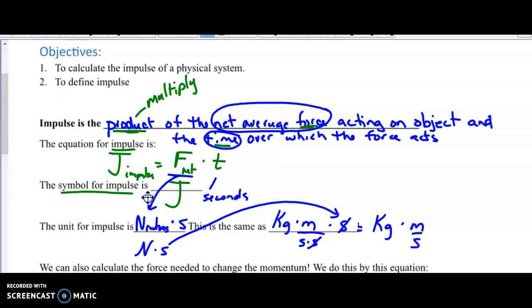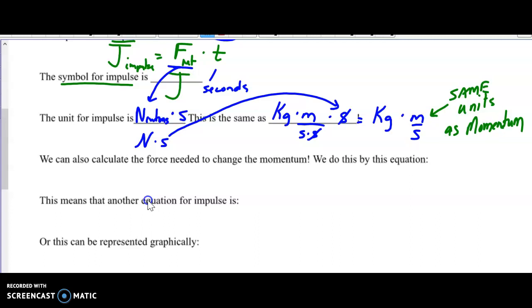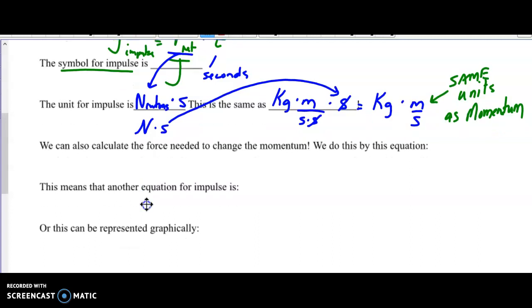Okay, now, isn't this the same units as momentum? It is. So that means that impulse is equal to momentum. So I could say J, which is impulse, equals the change in P, which is momentum.